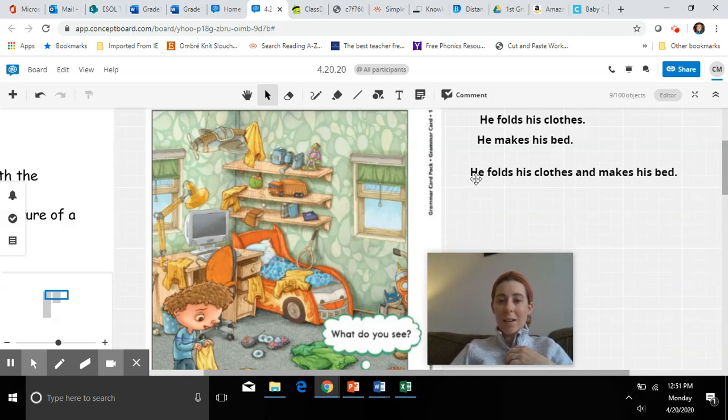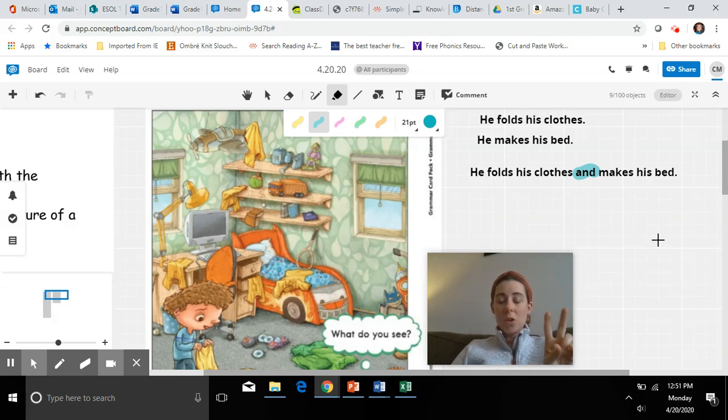Let's read it together. He folds his clothes and makes his bed. That's a great sentence. That sounds like more of a first grade sentence than he folds his clothes, he makes his bed. Okay? We used and to connect them together.